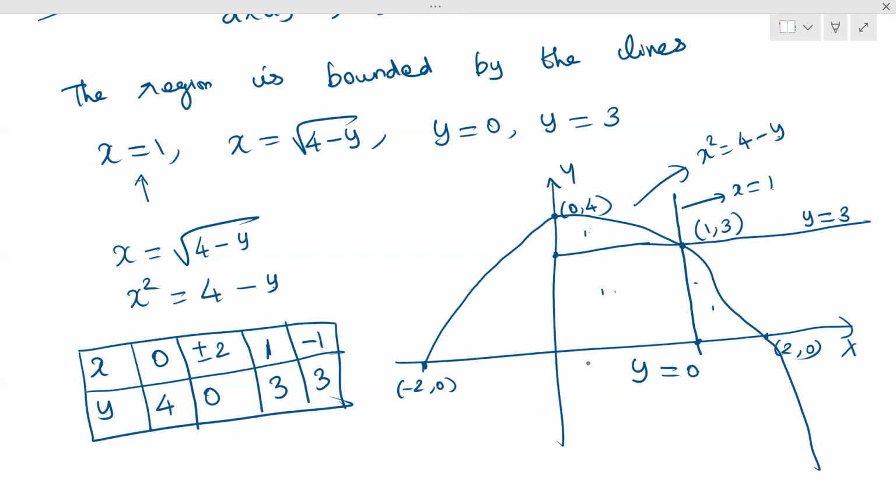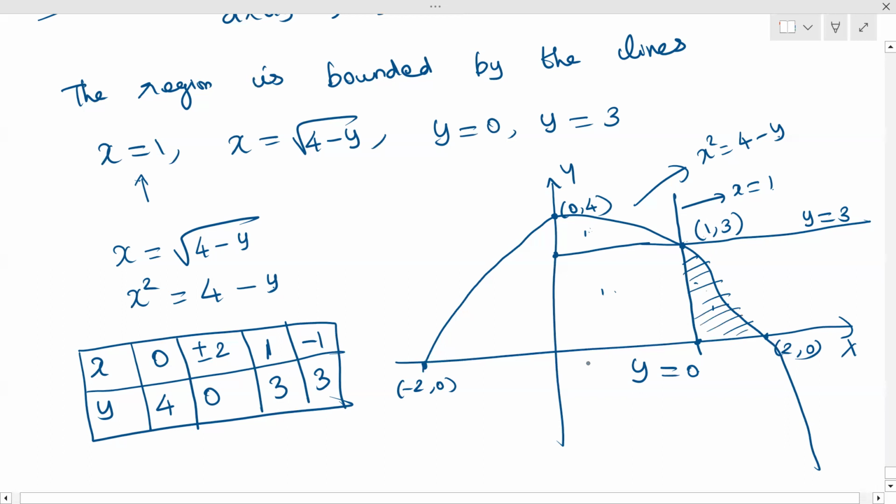And this part is bounded by the curve and y equal to 0. Here x equal to 1, y equal to 3, because the maximum point of this region is (1, 3). (1, 3) means x equal to 1, y equal to 3. So this part is bounded by the maximum number of lines. So this is our region.